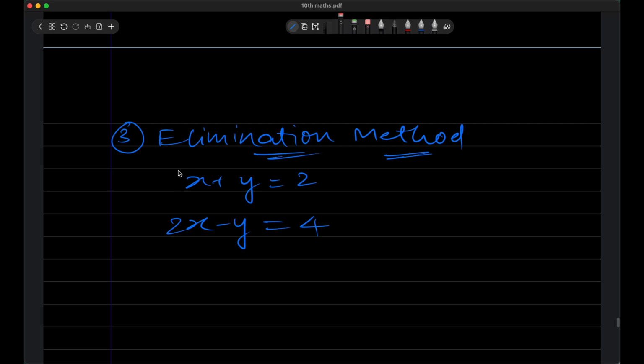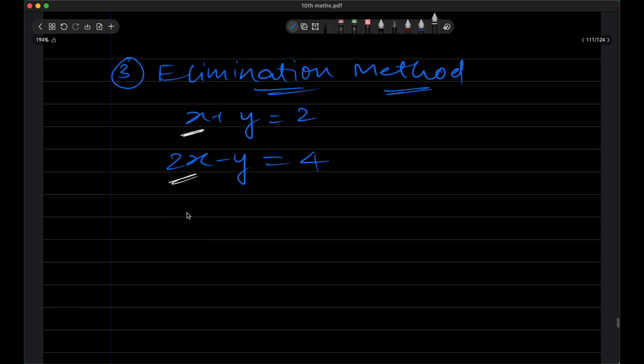In the elimination method, we make the coefficient of any one of the variables the same to eliminate that variable and find the solution. So let us eliminate x. To make the coefficient of x equal, we will multiply the first equation by 2.